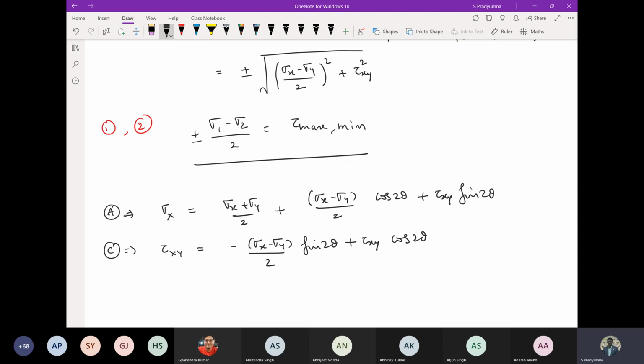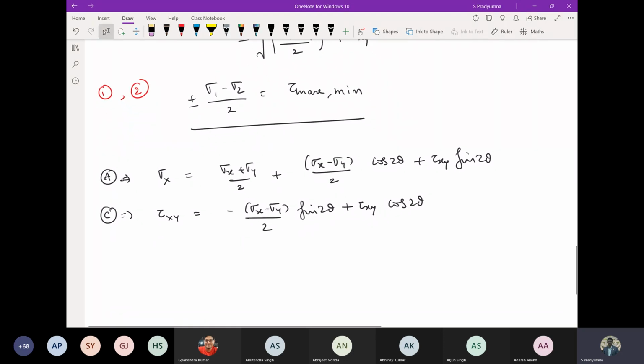So what I do now is consider A and C. I bring the first term on the right hand side to the left hand side, sigma x minus (sigma x plus sigma y) by 2, and square this, plus tau capital XY square.